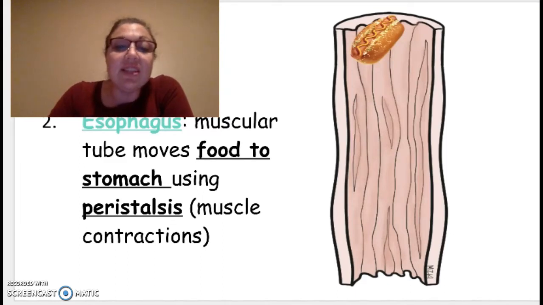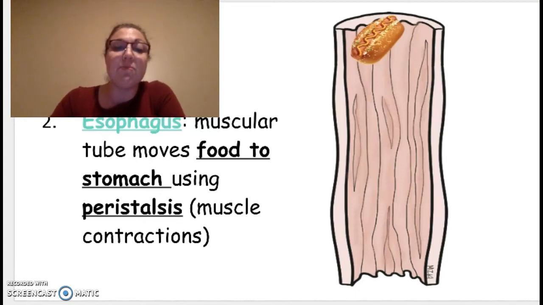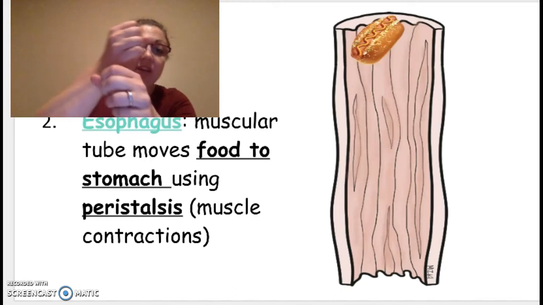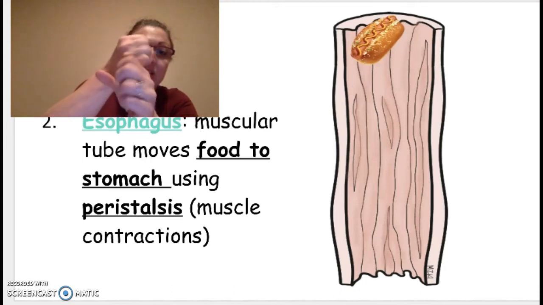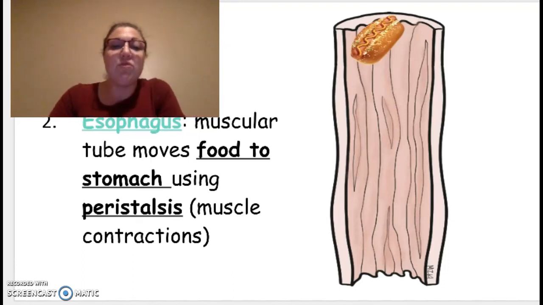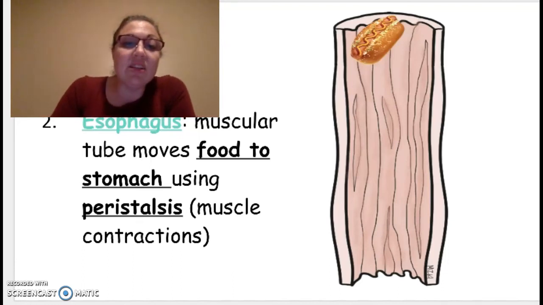The esophagus is a muscular tube that moves food to the stomach using peristalsis, which is a type of muscle contraction. It's kind of squeeze, release, squeeze, squeeze your food down the tubes. So peristalsis is used in your esophagus, your small intestine, and your large intestine to move that food through.